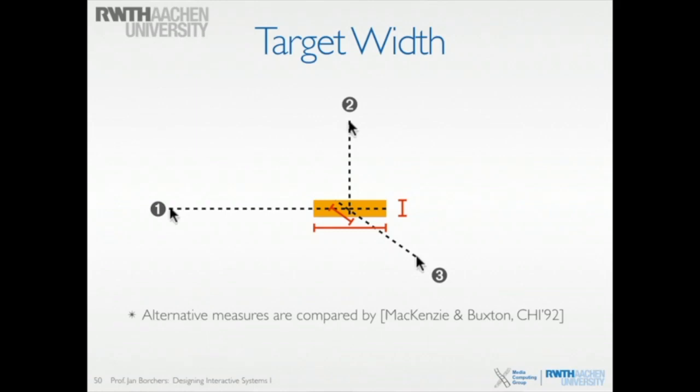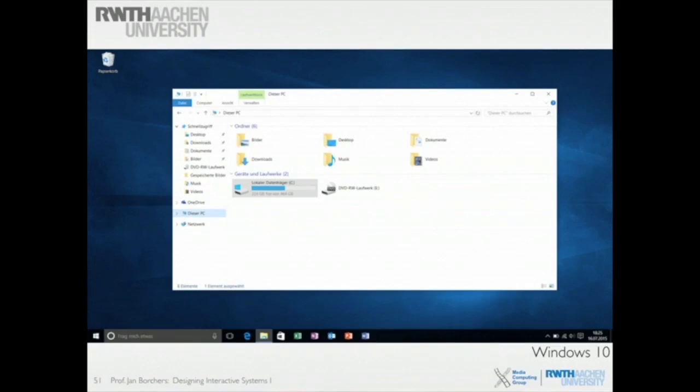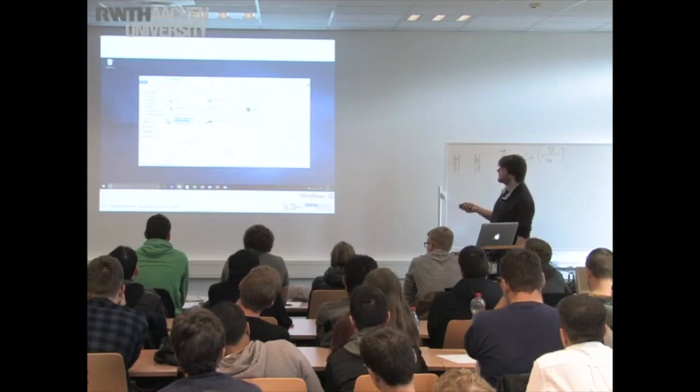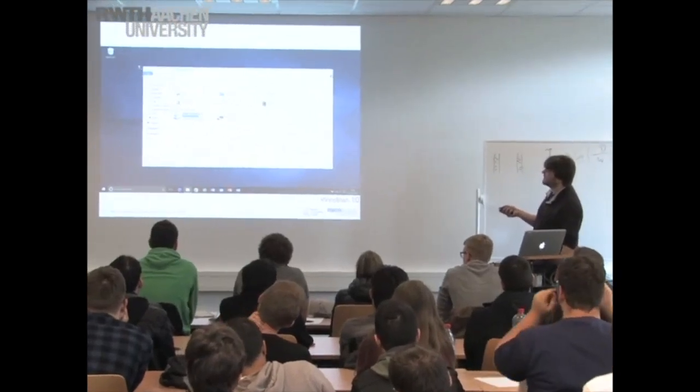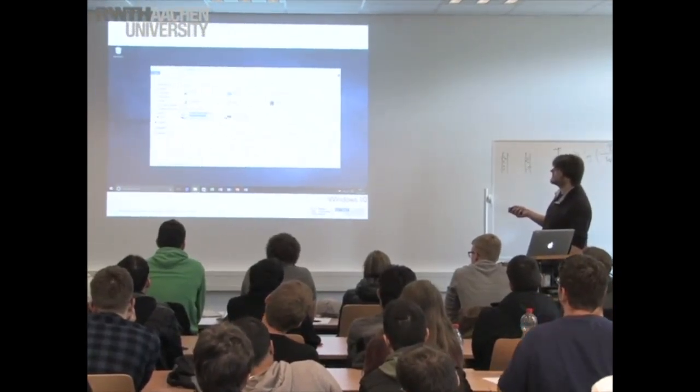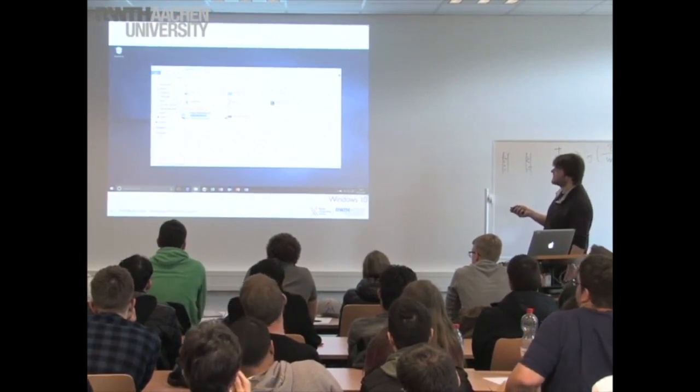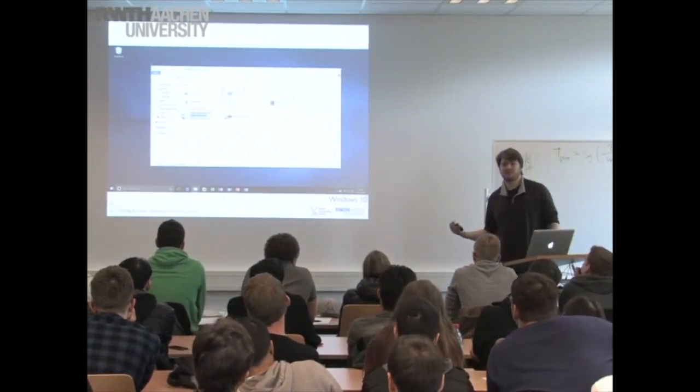So for this, this would be the effective width, and you can see this in your everyday computer life as well. For example, if I have this Windows 10 Explorer open, and I have my menu bar here, and say I'm somewhere here with my mouse and I want to hit this, I might overshoot here, and it would take me a little bit longer to reach this target.